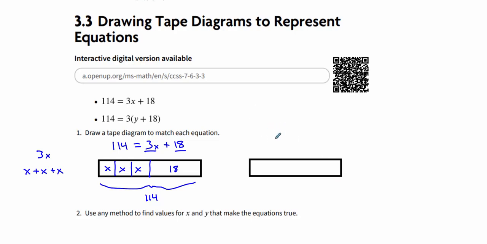And this one is going to be 114 is equal to 3 times the quantity of y plus 18.